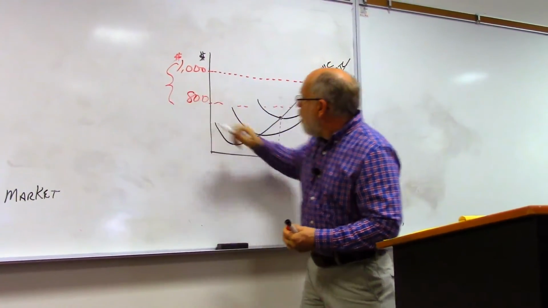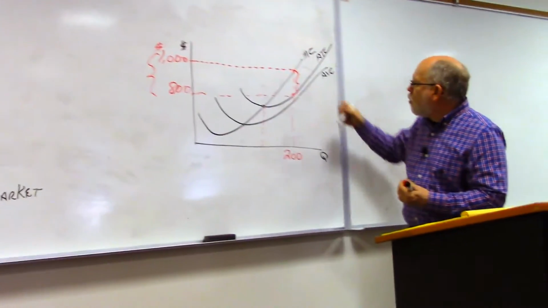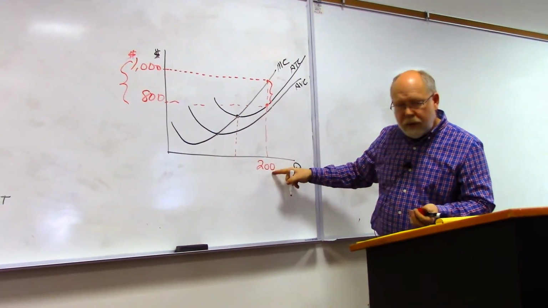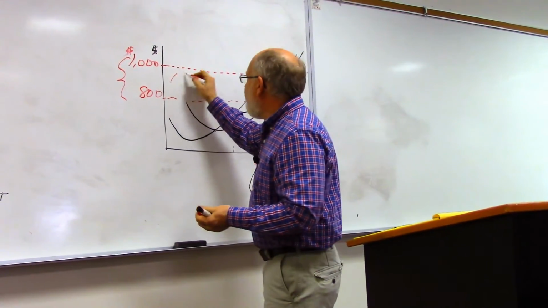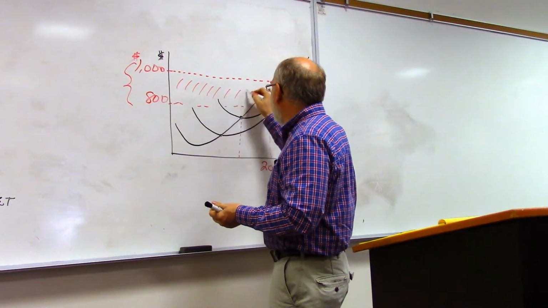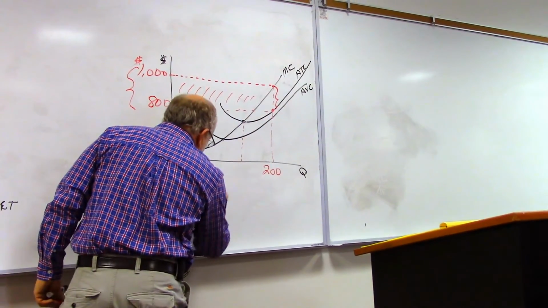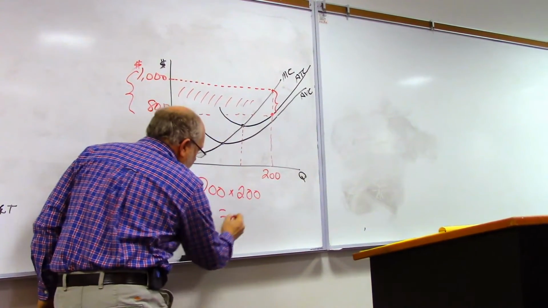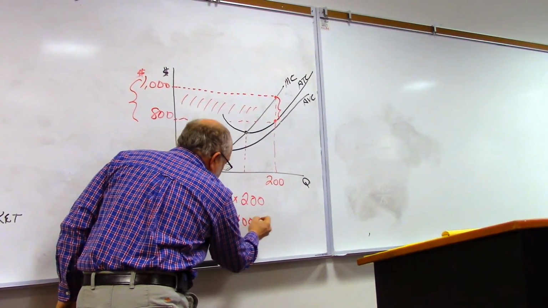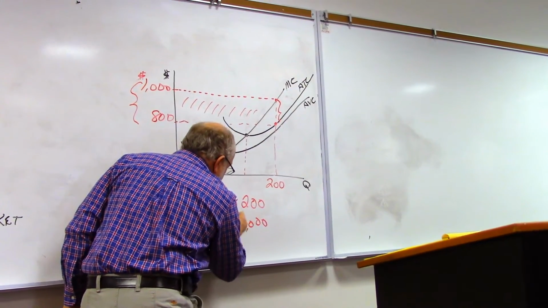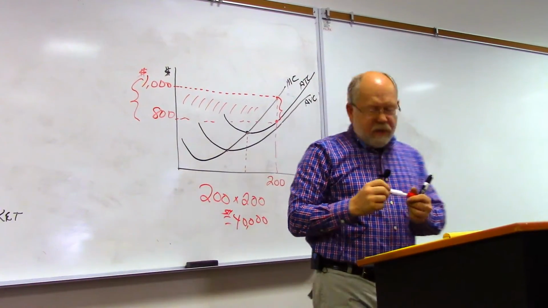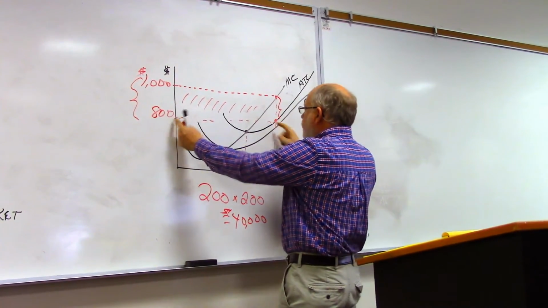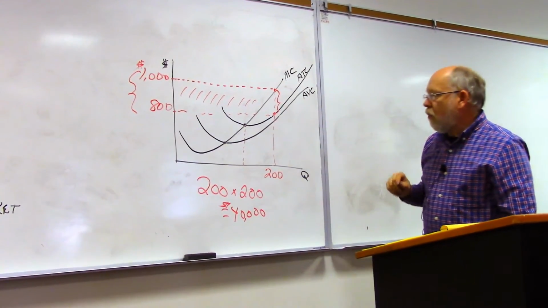On average, we're making $200 per unit times 200, and our profit rectangle, this right here, would be 200 times 200, which is 4 with 1, 2, 3, 4 zeros. The company would have been making $40,000, because it's just this dimension times this dimension, and that would be our profit rectangle for the firm.